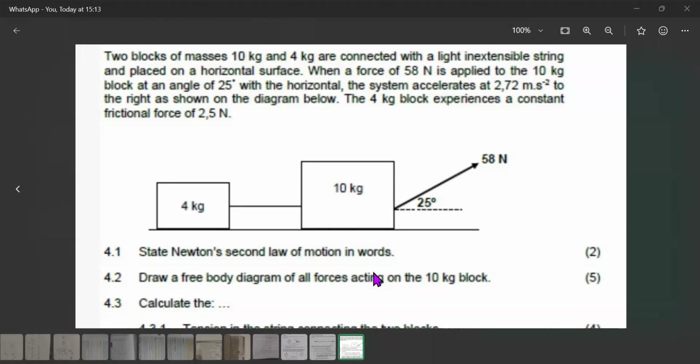When a force of 58 newtons is applied to the 10 kg block at an angle of 25 degrees with the horizontal, the system accelerates at 2.72 meters per second squared to the right, as we can see in this diagram. The 4 kg block experiences a constant frictional force of 2.5 newtons.